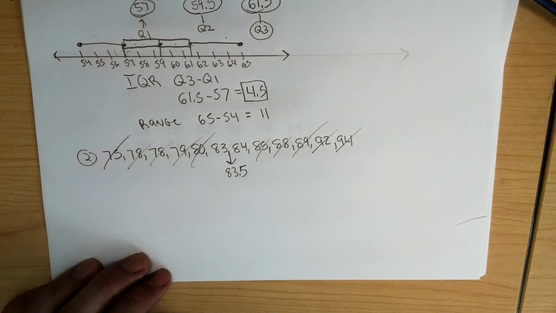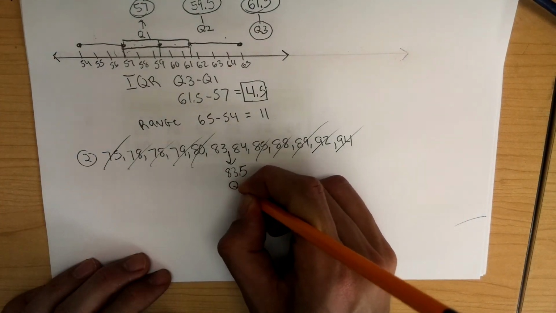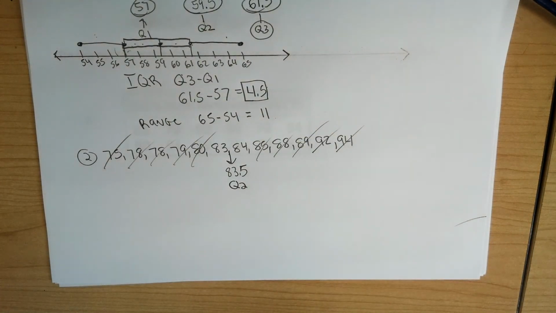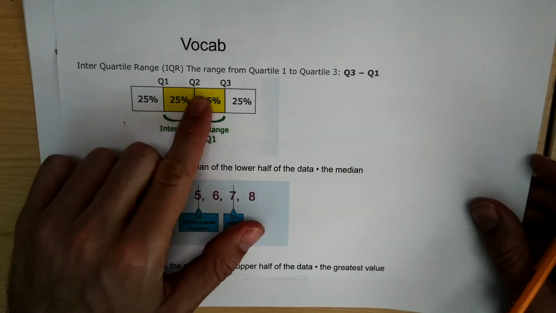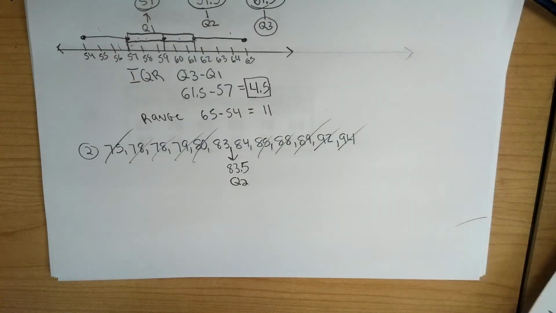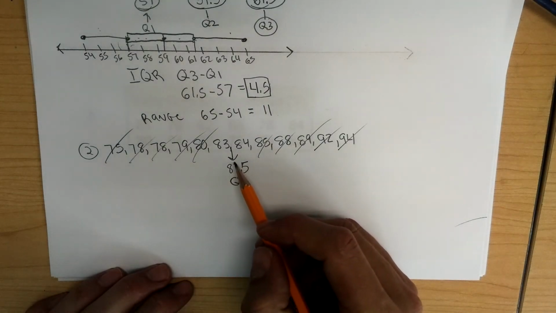Do you remember what we call the overall median for a data set? Well, in this case, this is called Q2, or quartile 2. Okay, that'll be a hint for the next part. Now I need to find the median for the lower quartile.